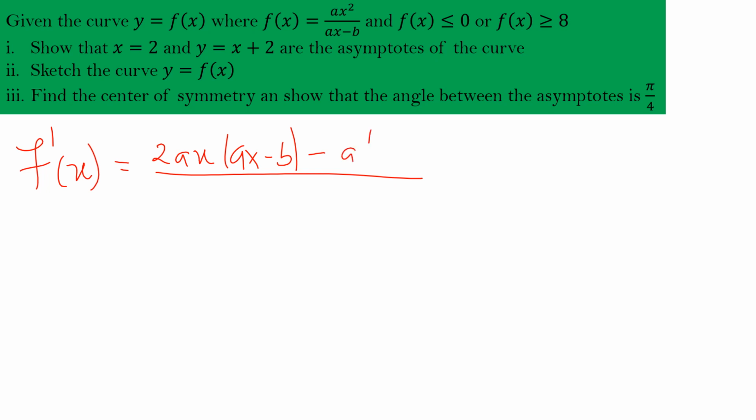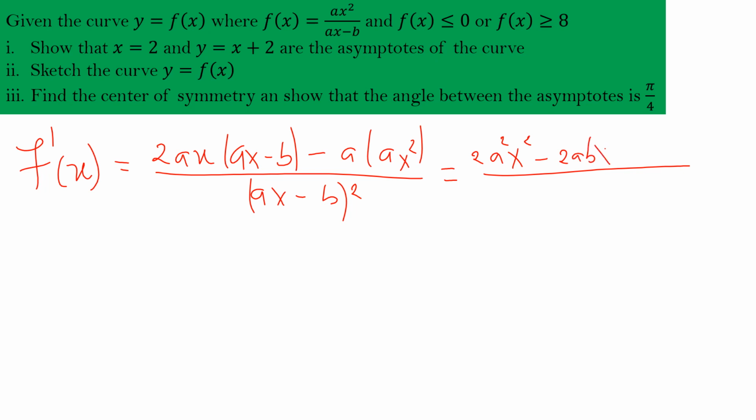We have a, and we multiply it with the numerator, ax squared, and then we divide everything by the square of the denominator. Okay, so if we simplify all of this, we are going to have here 2a squared x squared minus 2abx, then minus a squared x squared, divided by ax minus b, all that squared.